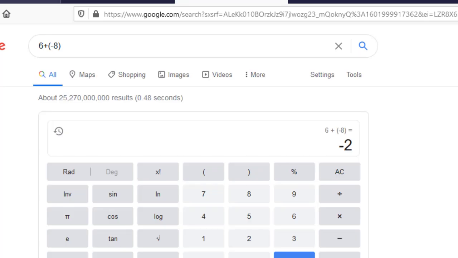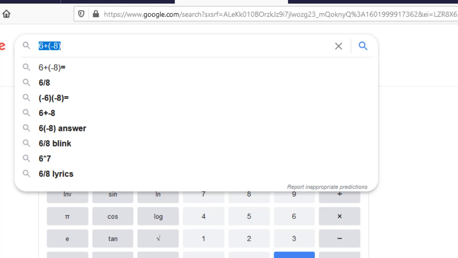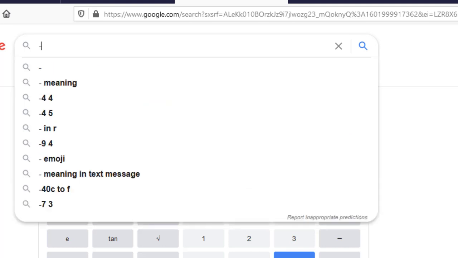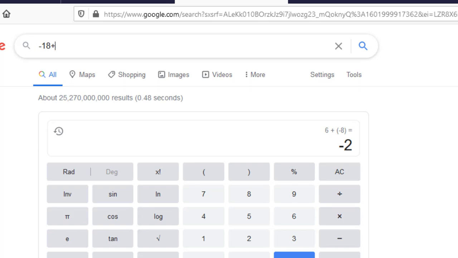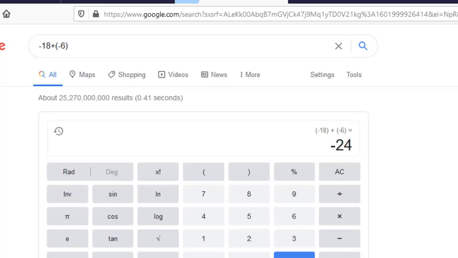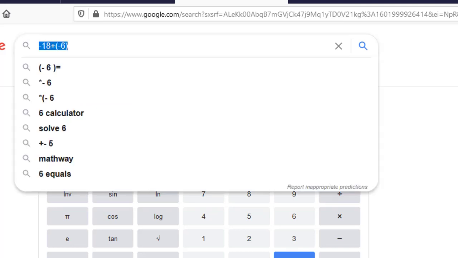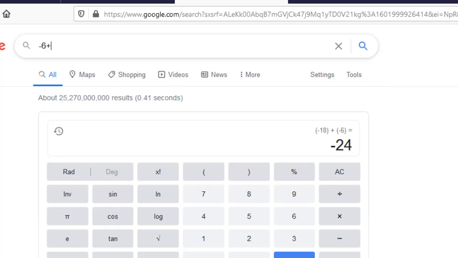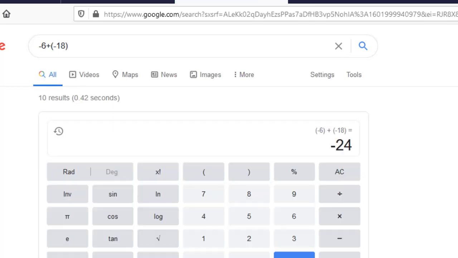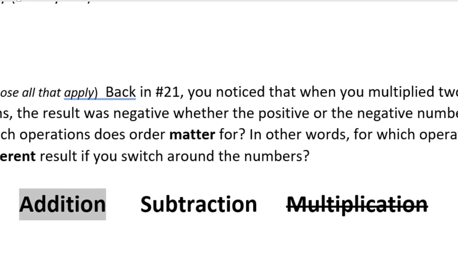Let's do two negatives added together: negative 18 plus negative 6 gives me negative 24. Now let's switch the negative 6 and the negative 18. Negative 24. So it appears that addition is also commutative. All right, I'm buying that. So we can come back to our notes and cross out addition. We don't need to worry about addition.